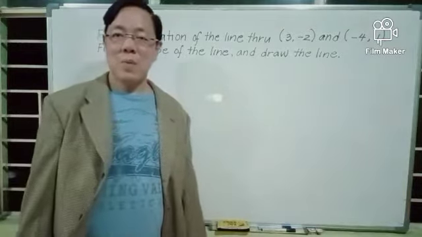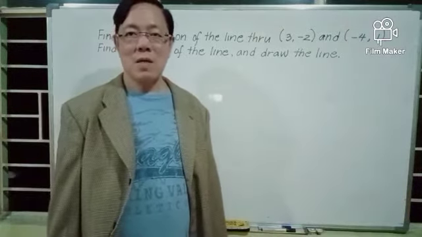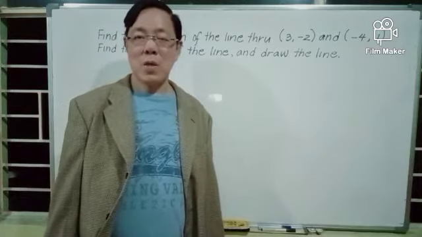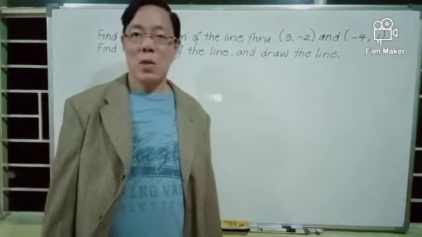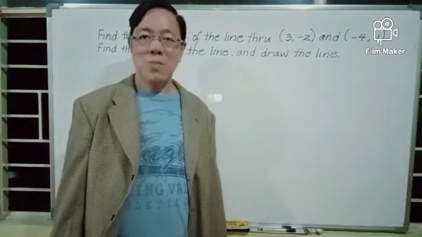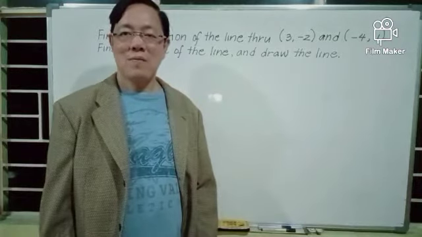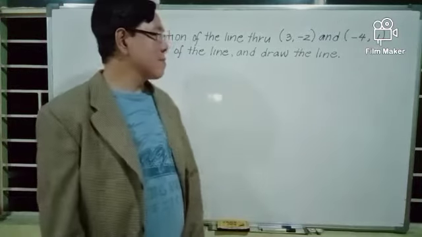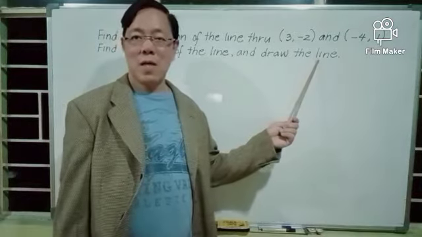Now, to find the slope of the line, we can do it using the formula for slope denoted by m, or we can get the slope of the line from the equation of the line after we have found the equation of the line. And then we finally draw the line.